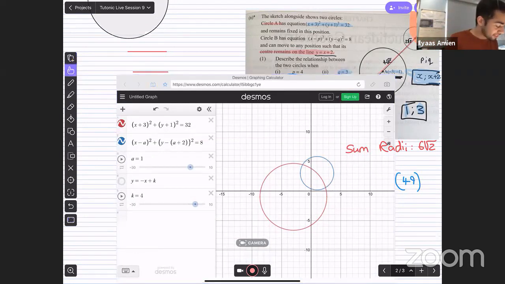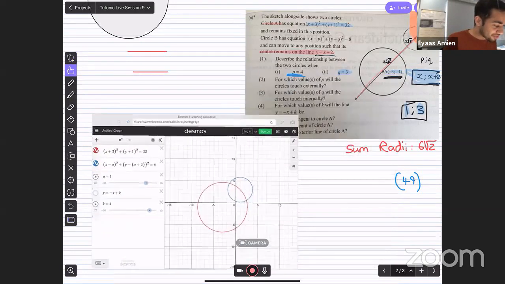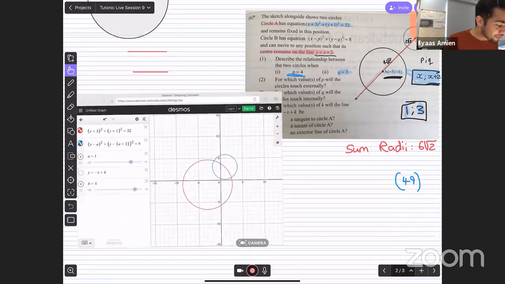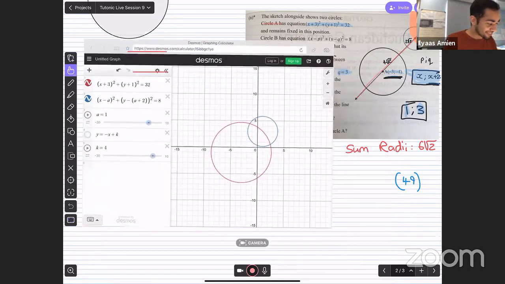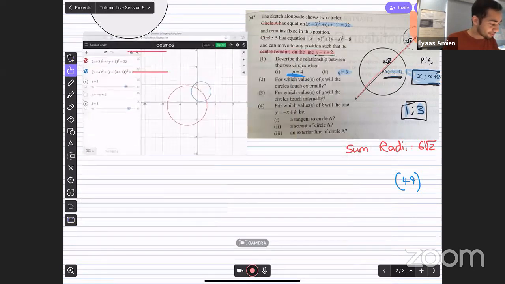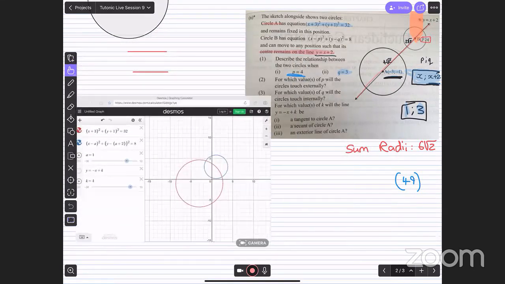Okay. So now let's ask this question, Iman. For which values of P will the circles touch externally? What does that mean? They don't overlap, they just touch each other.